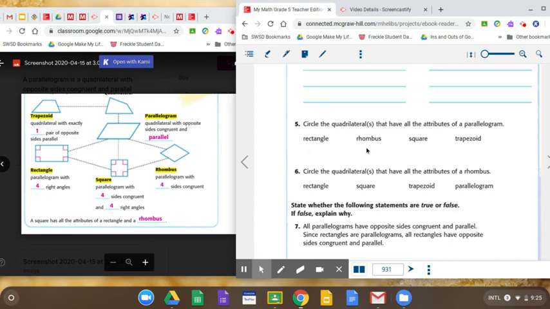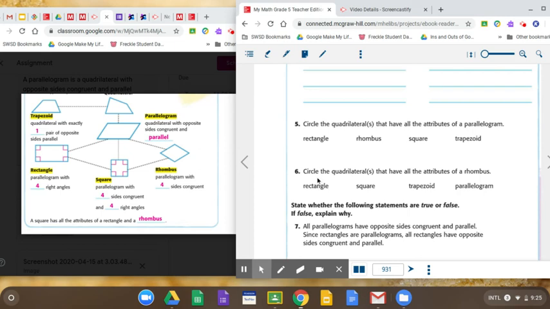A rhombus has opposite sides that are the same and parallel. And a square has the same thing as well. So all of these underneath of the parallelogram have the same attributes of that. The trapezoid does not, because trapezoid only has one pair of opposite sides. So this one would have three things circled.